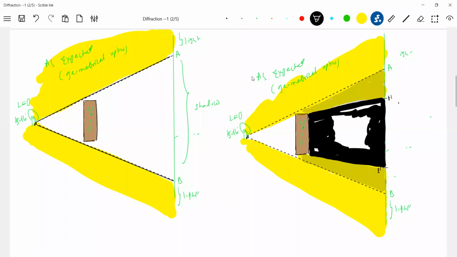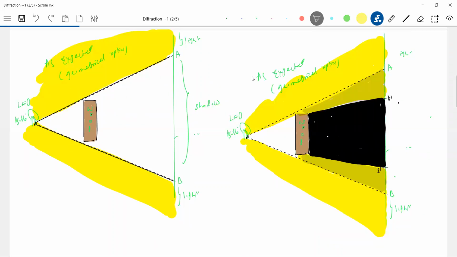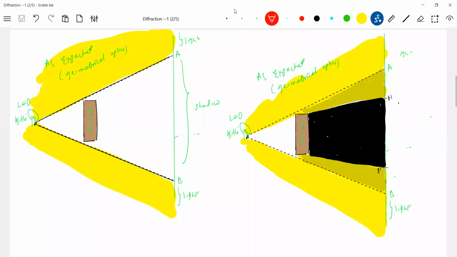According to the geometrical optics, the region AB should be completely dark, no? But practically what happened? We see this thing where it is completely dark, and here there is encroachment of light.